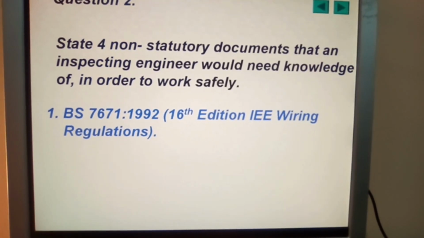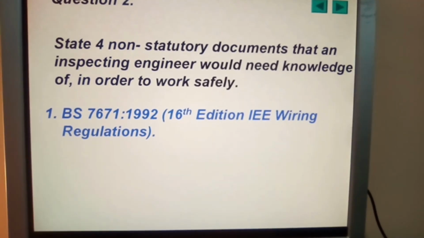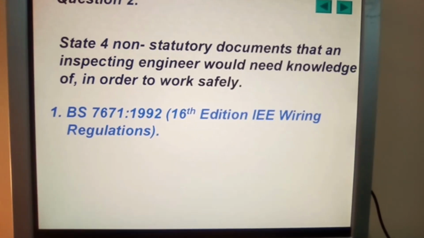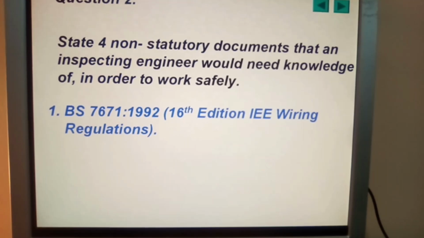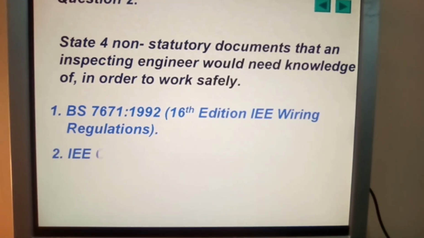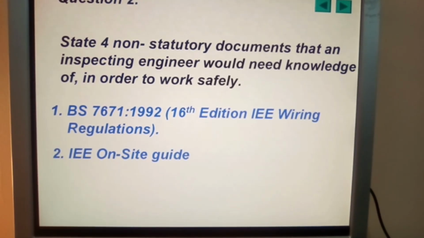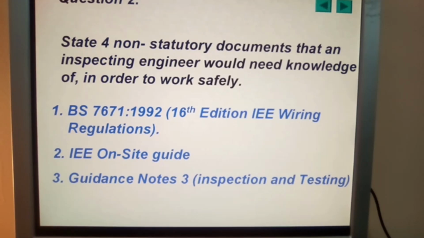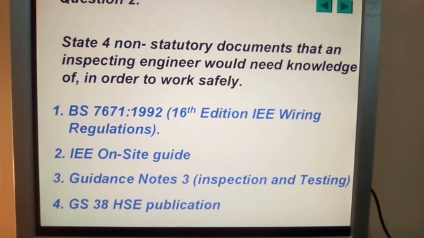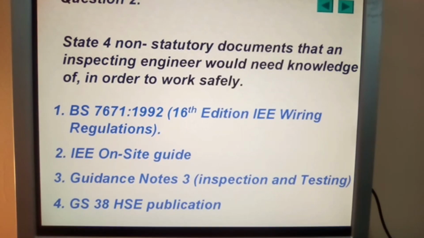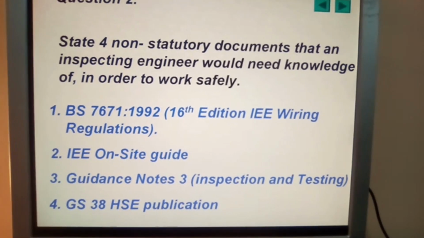Check for the modern day edition to ensure that the regulations are up to date and that you are up to date, okay? IEE On-Site Guide, Guidance Notes, Inspection and Testing, as previously mentioned, and GS38 HSE publication.